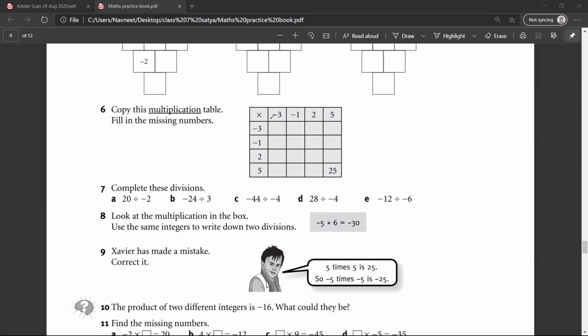So first, in the first blank, there would be 9. Okay. What should I write here? 3. Shabash. -6. Shabash. -15. Okay. 3. 1. -2.